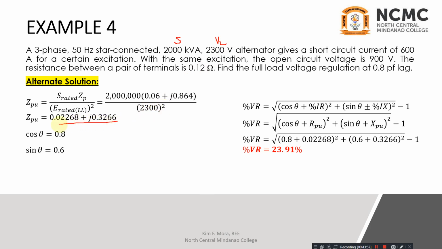So our answer for that is 0.02268 plus j0.3266. Then we have cosine theta of 0.8.